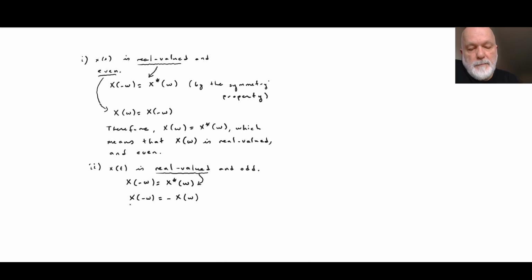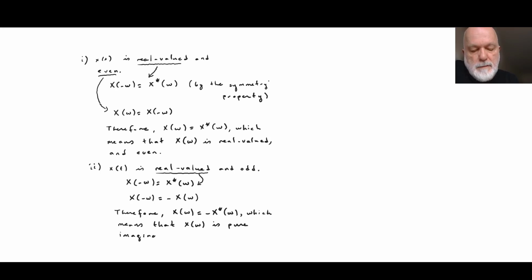So this implies that, therefore, X of omega is equal to minus X conjugate of omega, which means that X of omega is pure imaginary and odd.